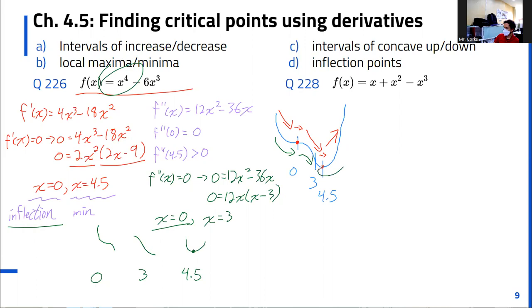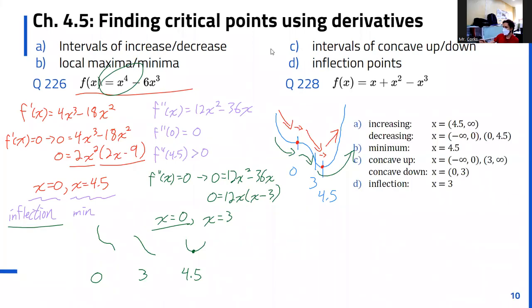Then from 3 afterward, the whole time we are concave up, curving up here. So once again, I have that written out here on the side. So decreasing, increasing, decreasing, minimum, just 1. We have 3 of these intervals for concave up or down.